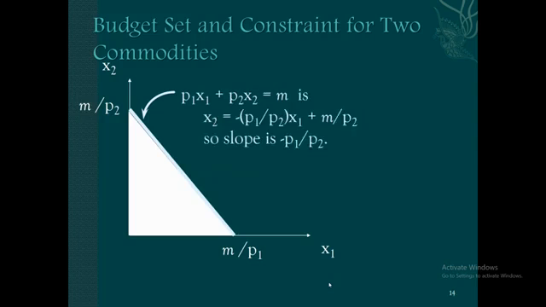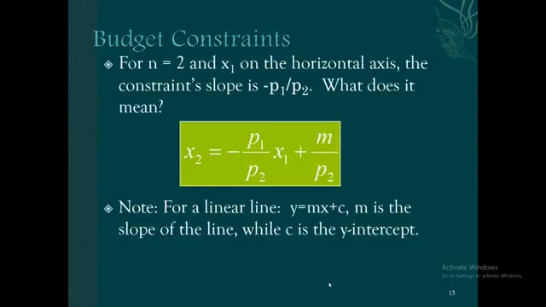If p1 x1 plus p2 x2 is equal to m, then x2 equals negative p1 by p2 times x1 plus m by p2. So the slope is negative, and p1 by p2 is your slope. The slope is nothing but, as I keep telling, the substitutability, which is an inverse: whatever you want to gain, you can only gain if you give up something.